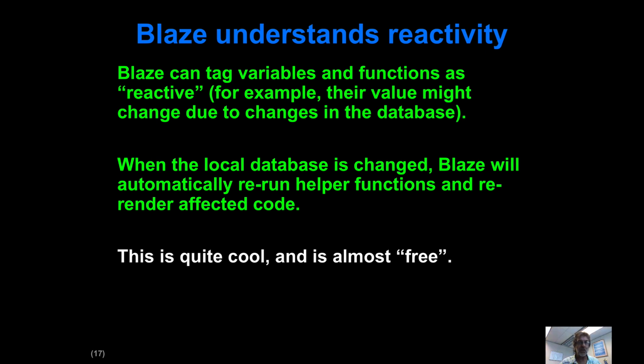In Blaze, the way this happens is that various variables and functions can be, in a sense, tagged as reactive. What that means is that when the local database changes, Blaze is going to automatically rerun helper functions associated with that aspect of the local database and re-render any code that's affected by that helper function.